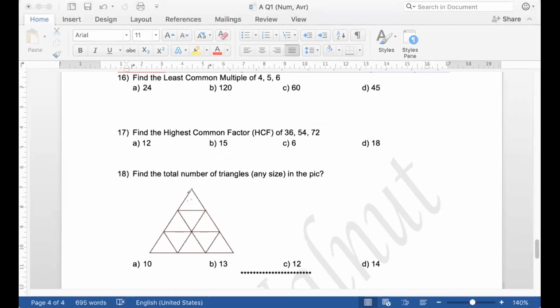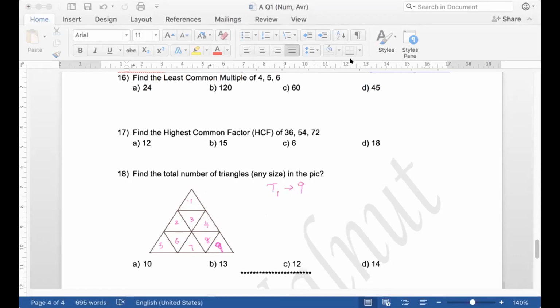This is 1, this one is 2, 3, 4, each one is a triangle, 5, 6, 7, 8, 9. So 9 of them. I just call it T1, one triangle at a time, that is 9 pieces. So 9 triangles. Some of you must have also taken the largest triangle. So 9 plus 1, 10.